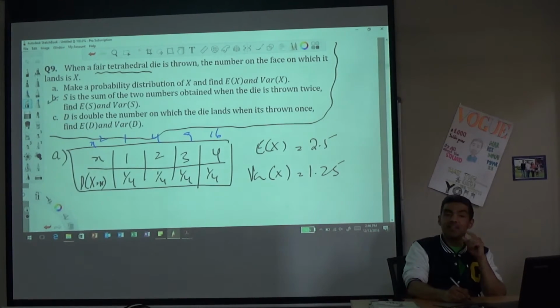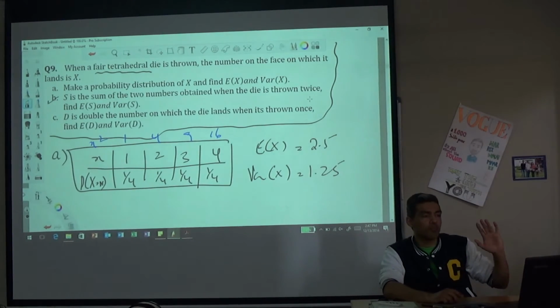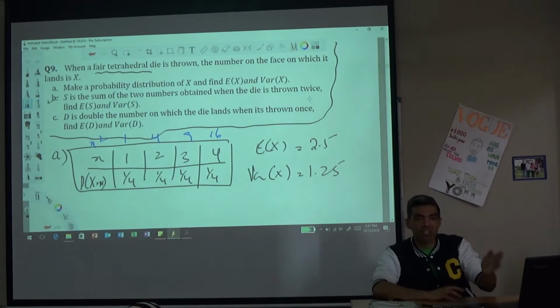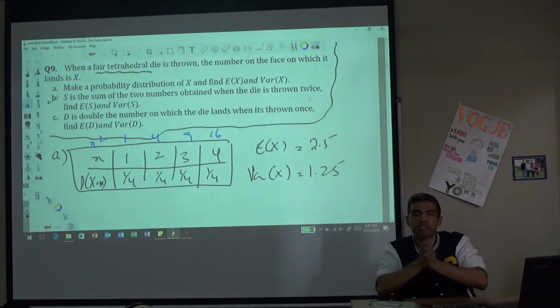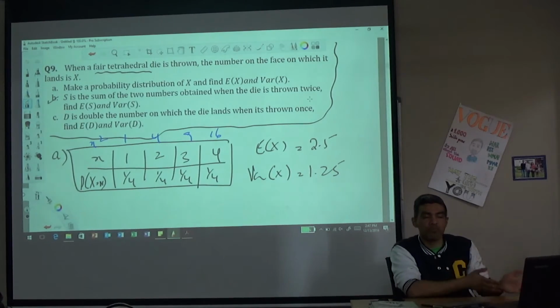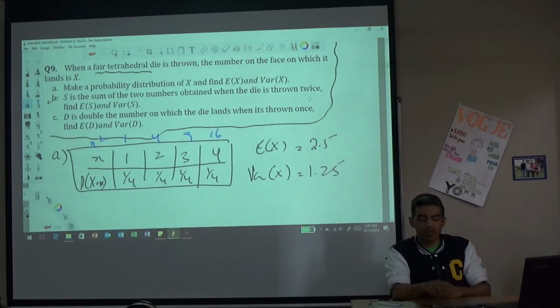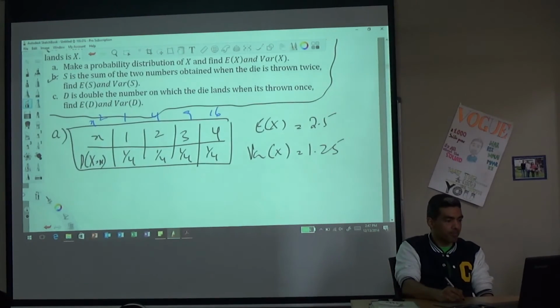Now see part B. Sum of the two numbers obtained when the die is thrown twice. Same die being thrown, two instances being recorded of the same random variable. So I will not call it y and z, I'm going to call it x1 and x2. Because the expected value of x1 is the same as the expected value of x2. Variance of x1 is the same as the variance of x2, which is equal to 2.5 and 1.25. So he's throwing the die twice. S is a sum. So I'm going to call it x1 plus x2.